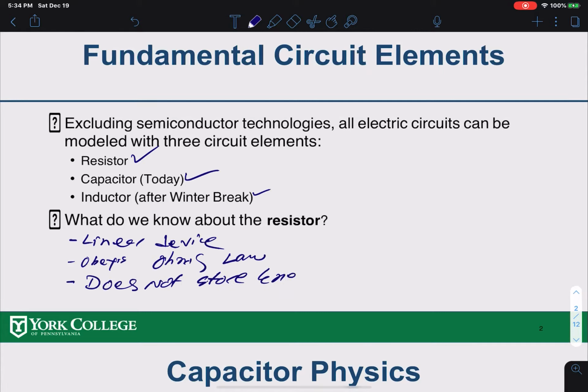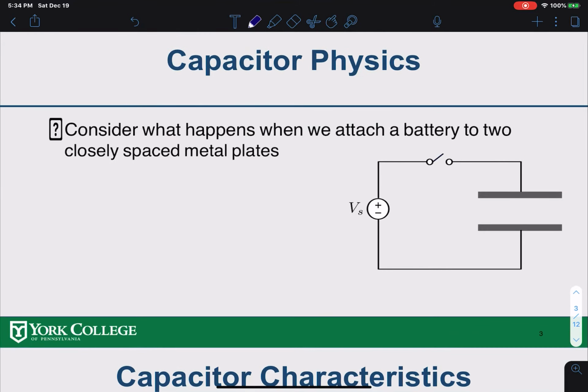It dissipates energy but does not store. So that's what we know about the resistor. All right, so let's see what a capacitor is.